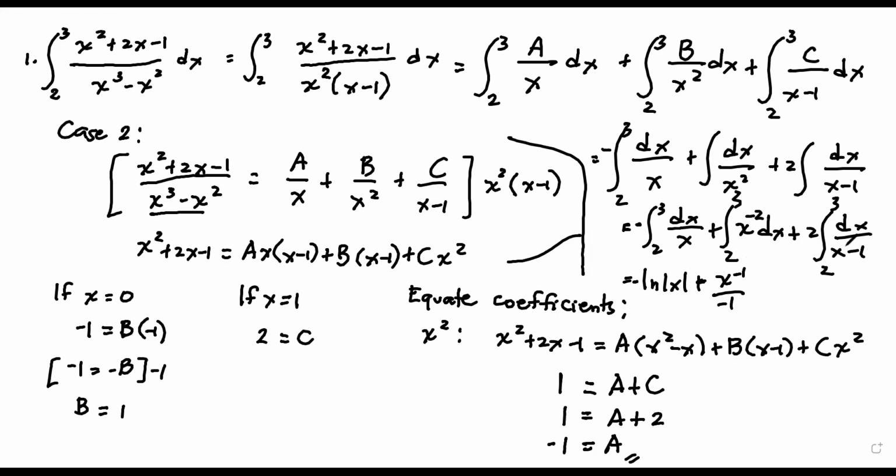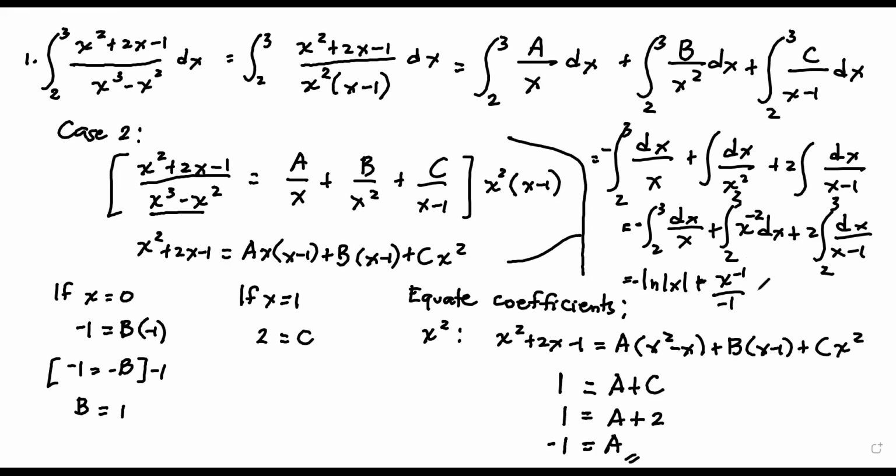And here you apply substitution. You let u be equal to x minus 1, and the derivative of u is dx. Therefore, the form is 2 integral of du over u, right?